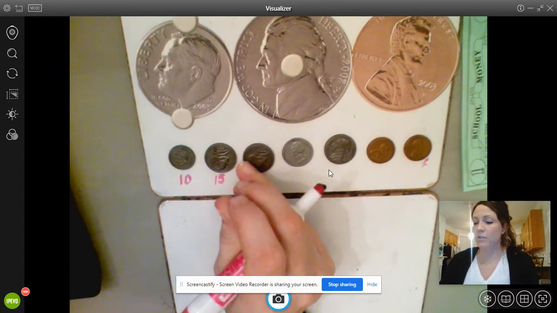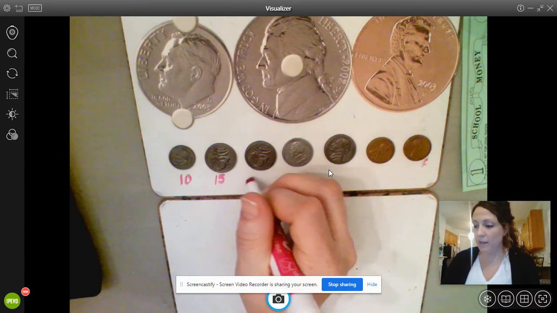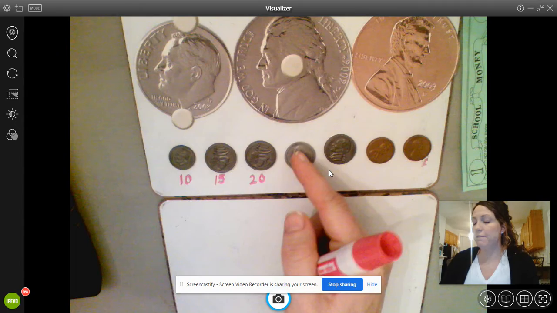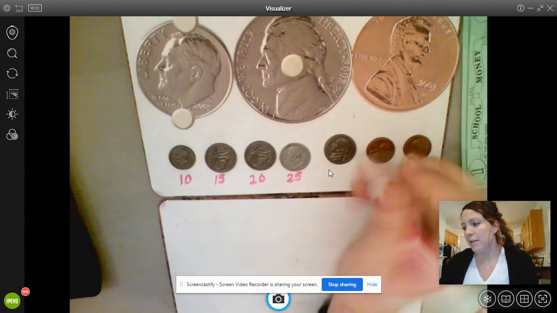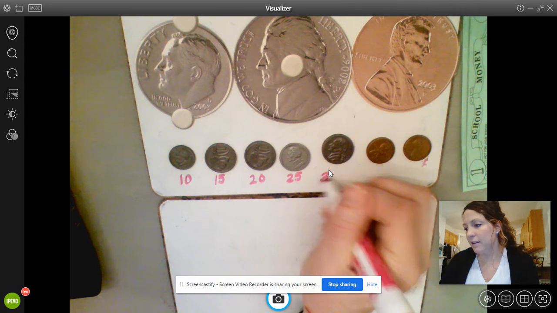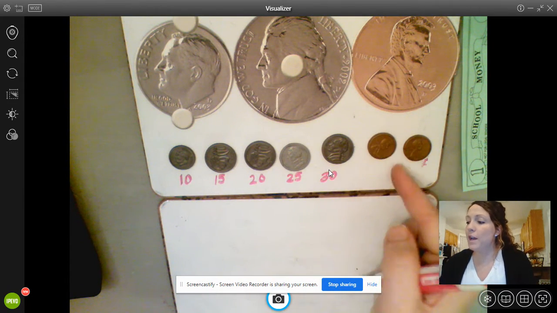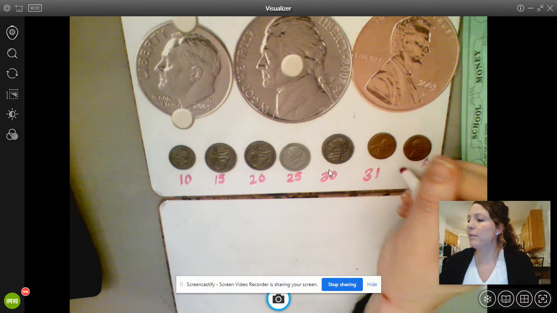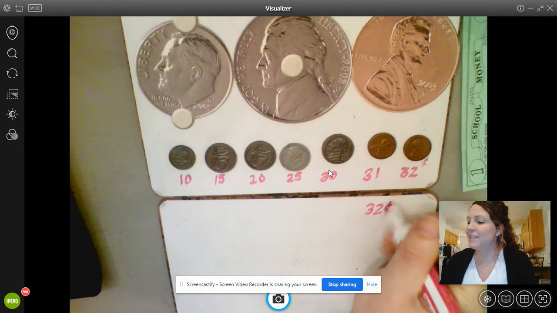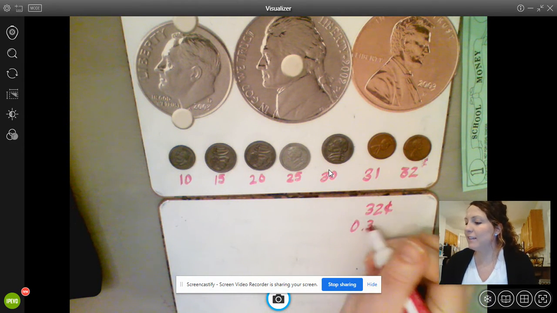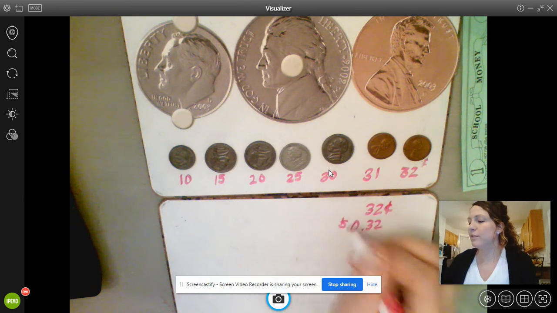I have another nickel, 10, 15, 20. 10, 15, 20, 25, 30, 31. How about that? I picked the same amount again. So 32 cents can be written again in 2 different ways.